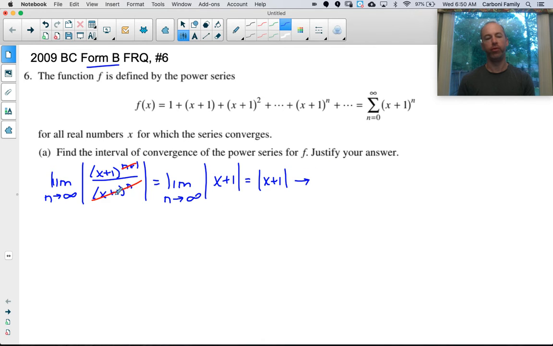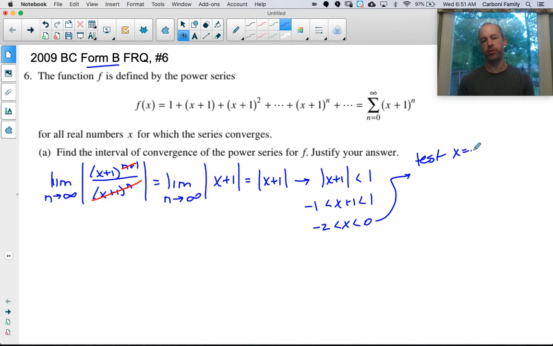And then for the ratio test to show convergence, we need the answer to be less than 1. So that's going to be when negative 1 is less than x plus 1 is less than 1, which gives you an interval of convergence of negative 2 less than x less than 0. Yet now we need to test those endpoints, starting with negative 2.